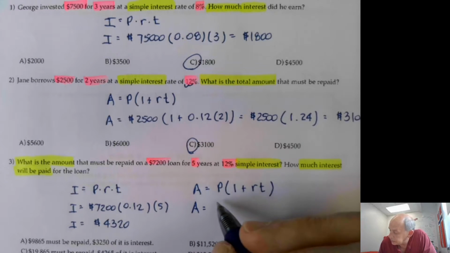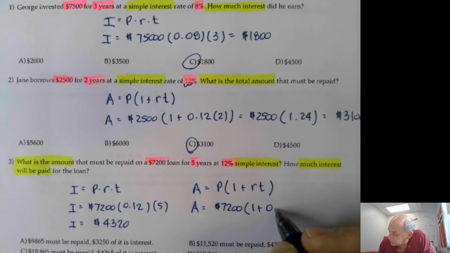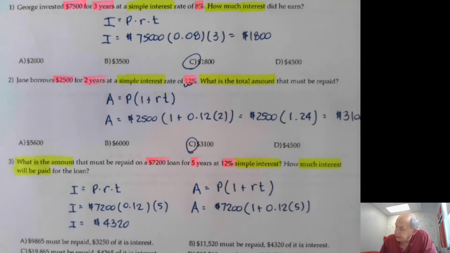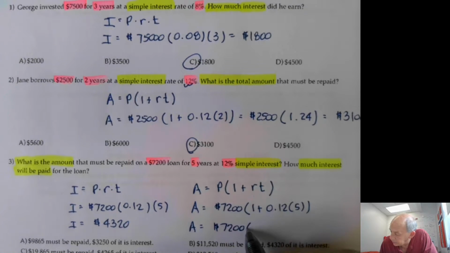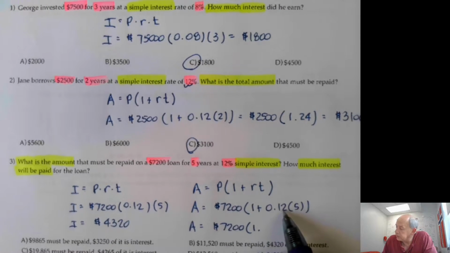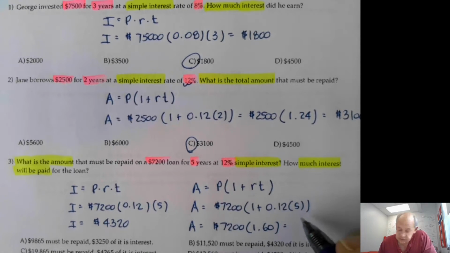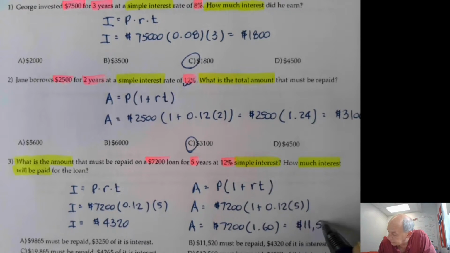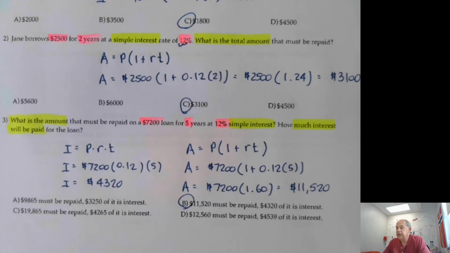For my total amount, I have 7,200 times 1 plus the interest rate, 0.12 times 5. So I would have 7,200 times 1.12 times 5 is 60, and that's going to give me 11,520. So my answer would be choice B, has to repay this total amount with that much extra in interest. So there's how you do number 3.